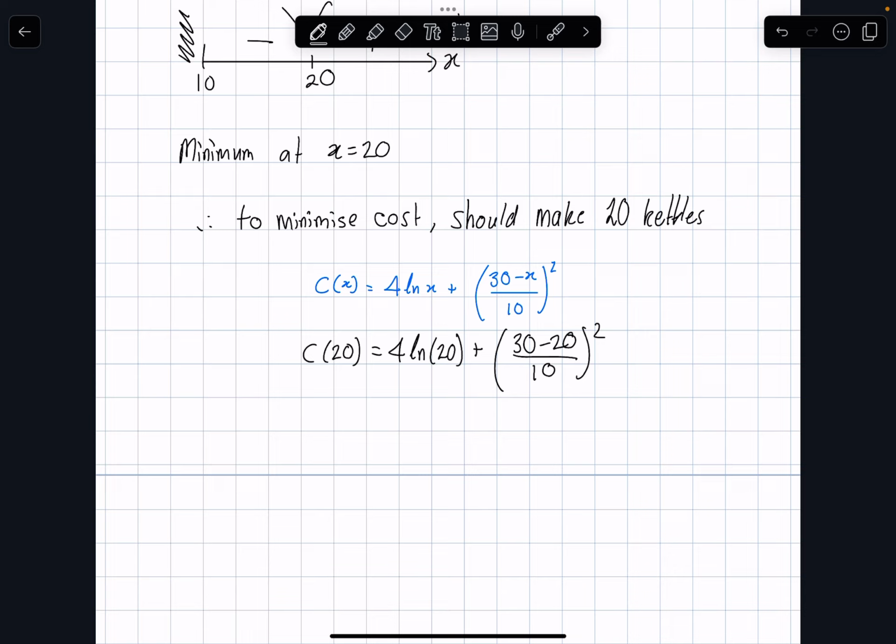Now 30 take 20 is 10. 10 over 10 is 1. 1 squared is 1. So all of that is just 1. So I've actually got 4 ln of 20 plus 1, which is $12.98. And that is the minimum cost to make 20 kettles.